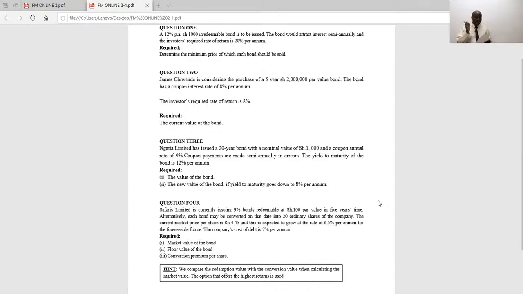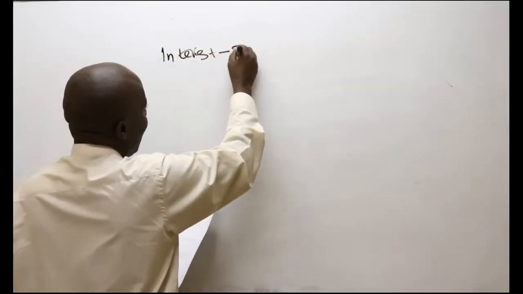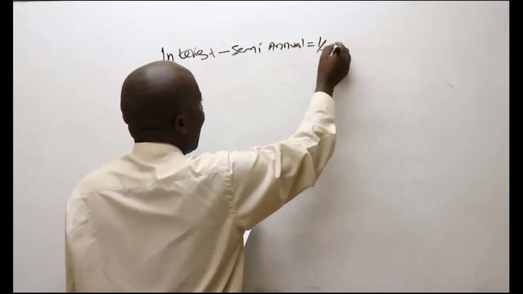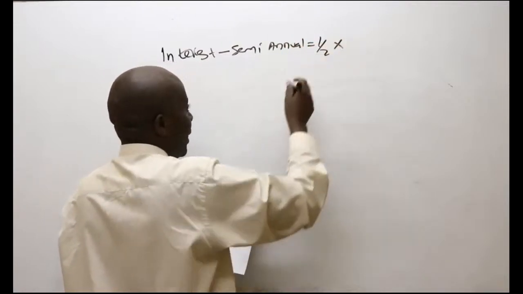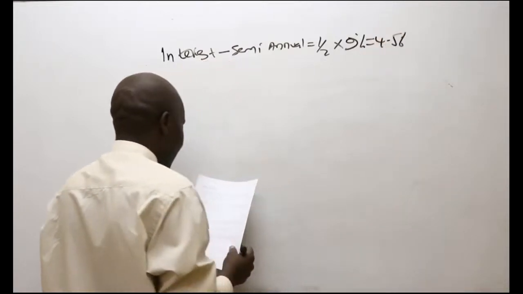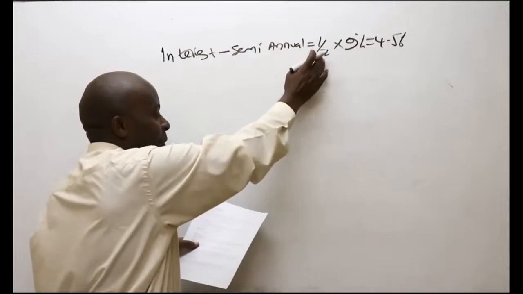So if it's semi-annually, then I have to get my interest, which now will be semi-annual, every 6 months. That will be a half of what? The rate given there is 9%, so this will give us 4.5%. Coupon payments are made semi-annually, that is why I ended up using a half there.